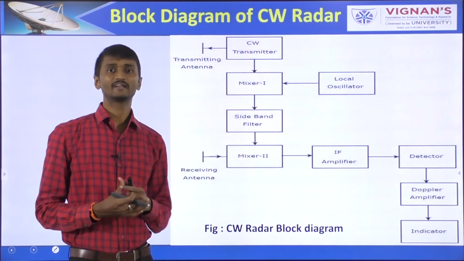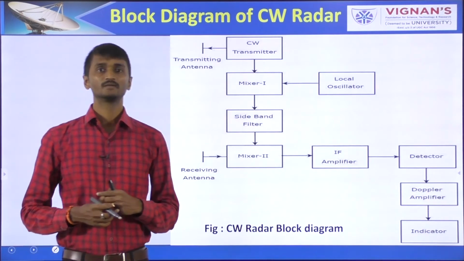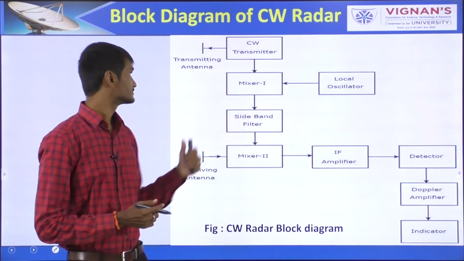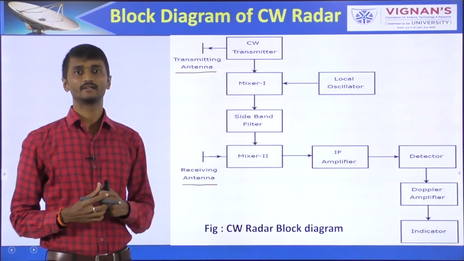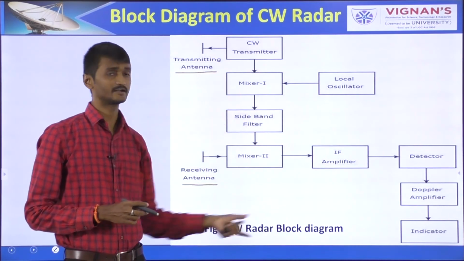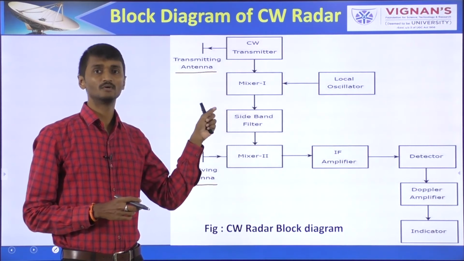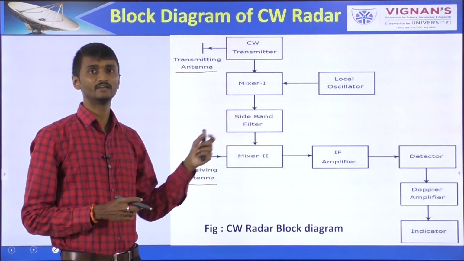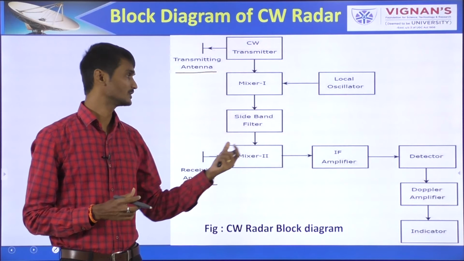So coming to the block diagram of CW radar. We know that CW radar contains two antennas, transmitting antenna and receiving antenna. This figure shows the block diagram of continuous wave Doppler radar, which contains a set of blocks, and here we will discuss the function of each block.